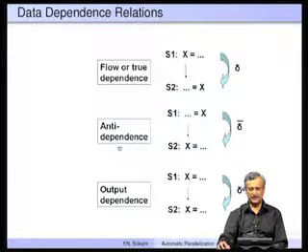Whereas, in the case of anti dependence, if we store the value of x in some temporary right in the beginning, then we can write into x any time. So, we do not have to make S2 wait until S1 is completed.